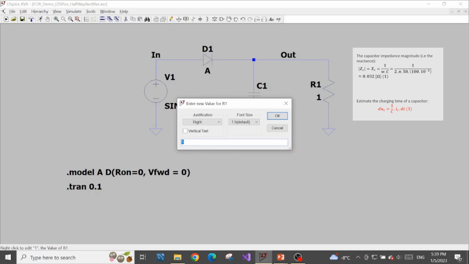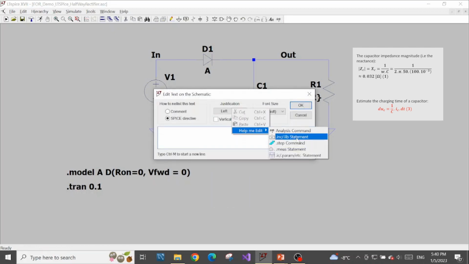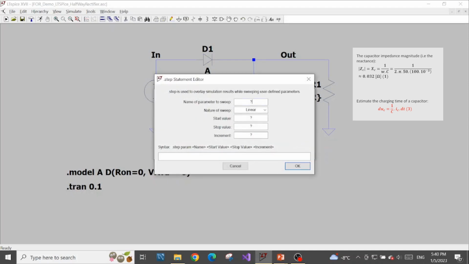Firstly, I need to change this value into a parameter. If you want to understand what a parameter means in LTSpice, please also refer to my video. Let's put the step command, and my parameter name is R. I will use a list.